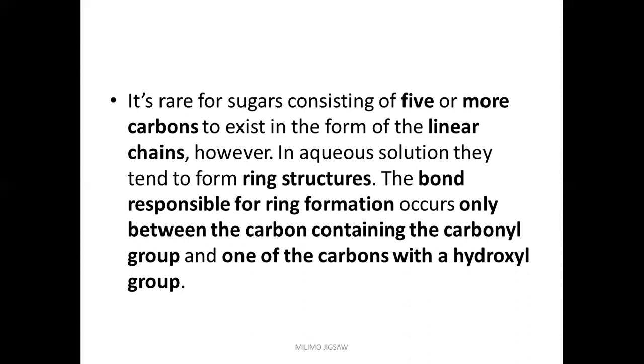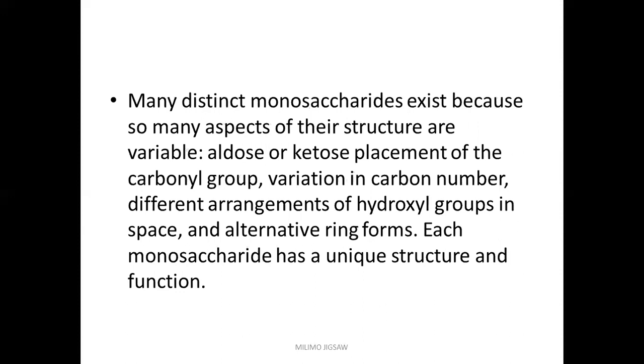So the reaction occurs between the carbonyl group, very important, and one of the carbons with the hydroxyl group. That leads to the formation of ring structures or ring forms of the molecules. So especially, for example, the pentose sugars and also the hexose sugars, they are usually found in ring form.